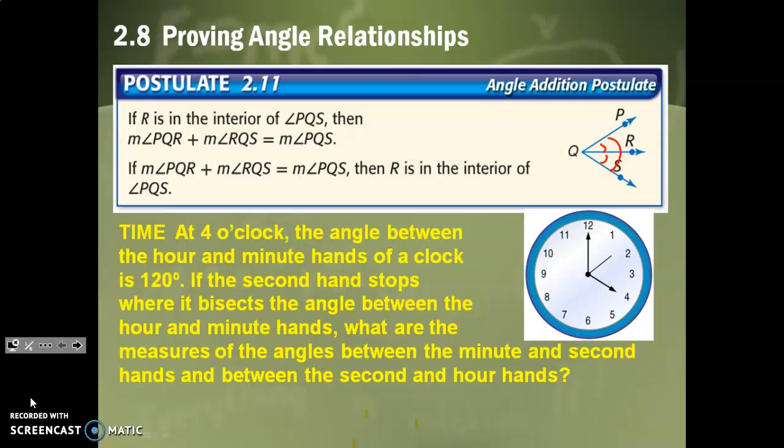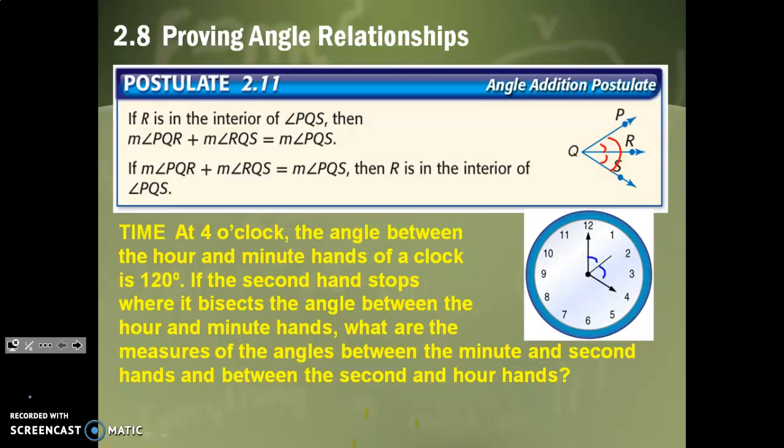So if we talk about the minute hand and hour hand of a clock pointing at 4 o'clock, and the second hand, even though on the clock it doesn't look like it's pointing at the 2, we want it exactly at the 2. If that second hand is bisecting that angle, what is each of these angles worth?